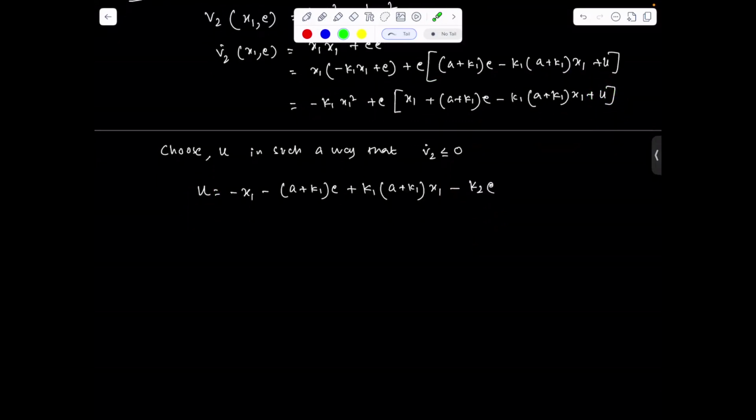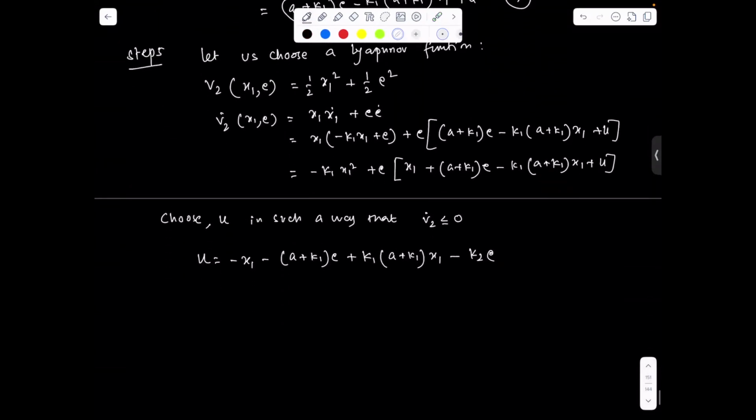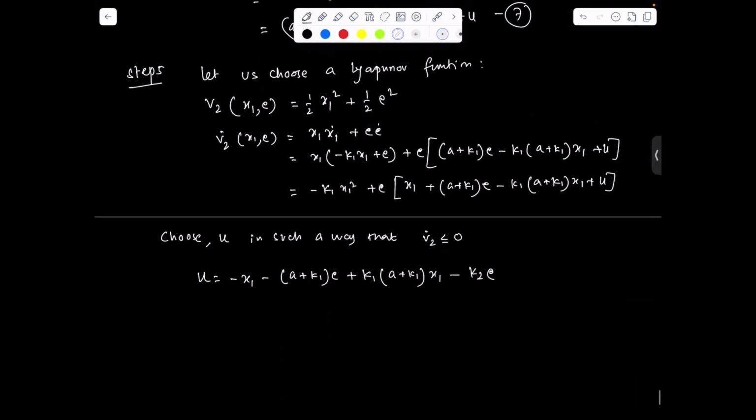Now if you substitute this u in this expression, let us define V2 dot. This is equation number 8, and this is 9.